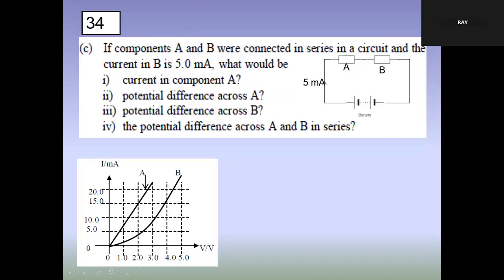Straightforward. If component A and B are connected in series in a circuit and the current in B is 5 milliampere, what would be the current in component A? 5 milliampere passes through B. What's the current through A?